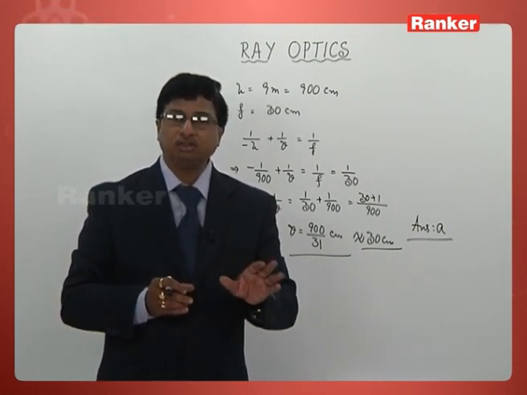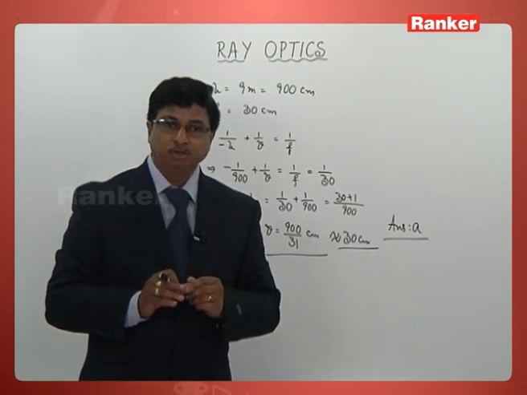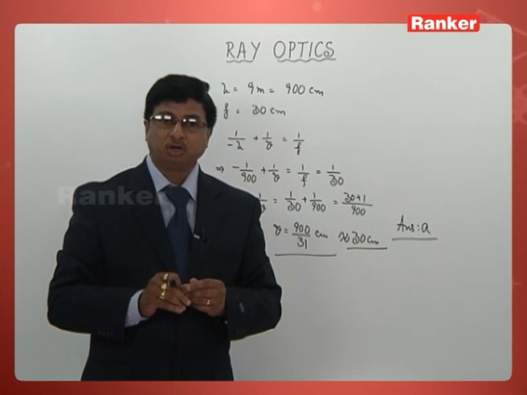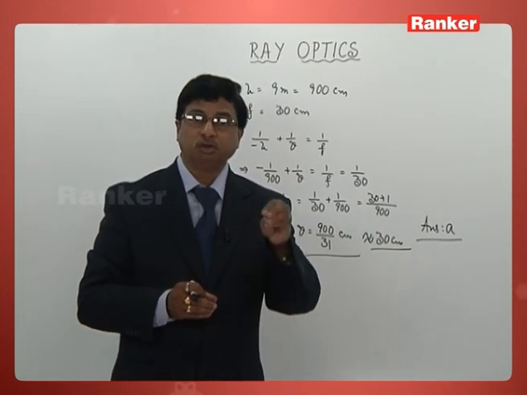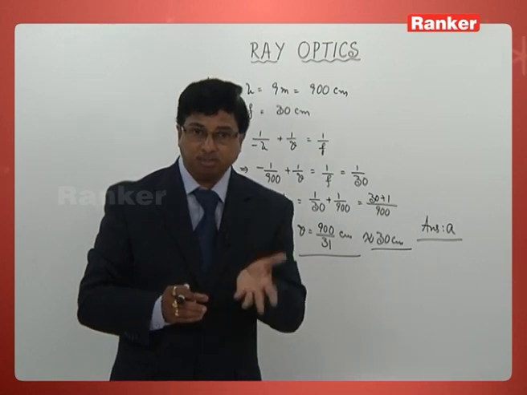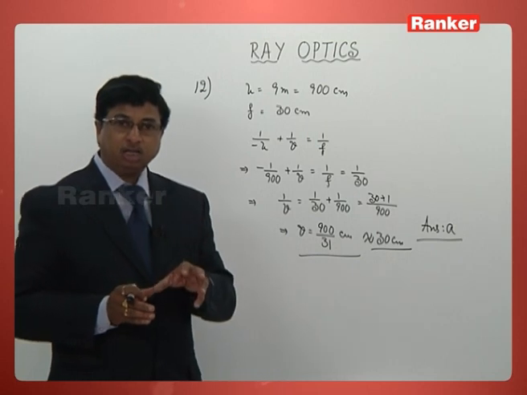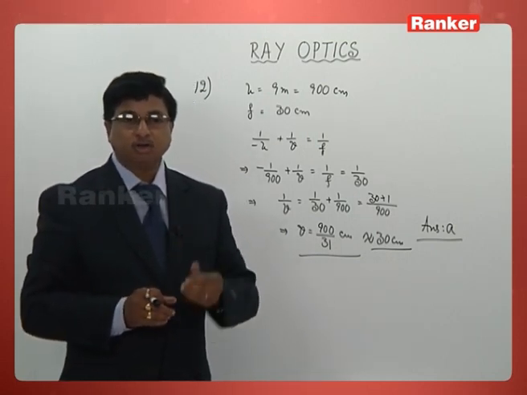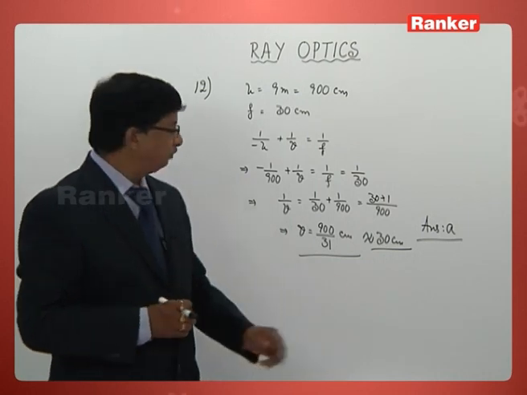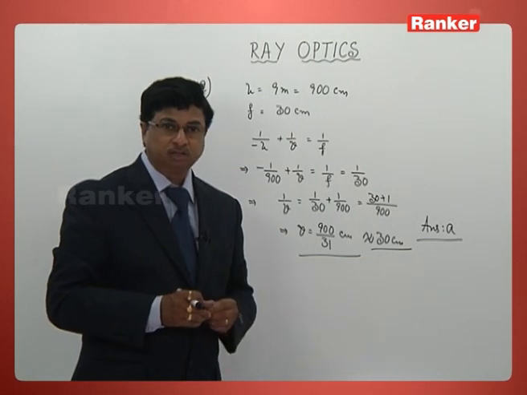All those things need not be considered. That is the only point you should understand. Not in this problem alone; in many problems, unnecessary data is going to be provided just to tempt us. We should not be tempted while taking up that data. That's important. So the correct answer for problem number 12 is 30 centimeter, the first option, that is A.